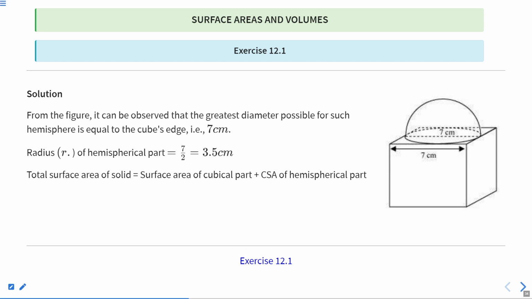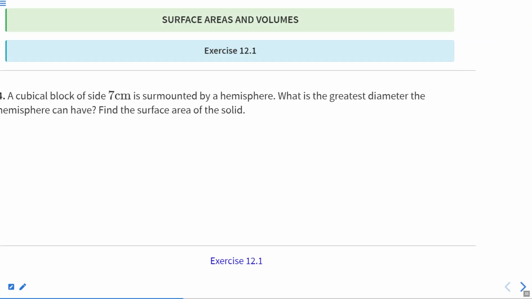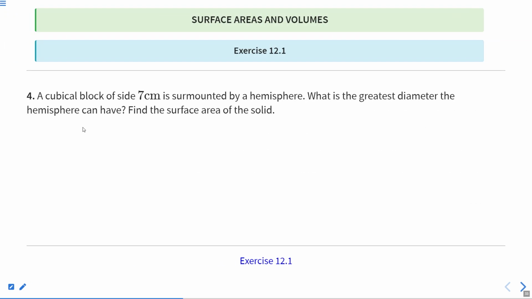In this problem, we have to find the greatest diameter the hemisphere can have, and we need to find the surface area of the solid also. So let us find.